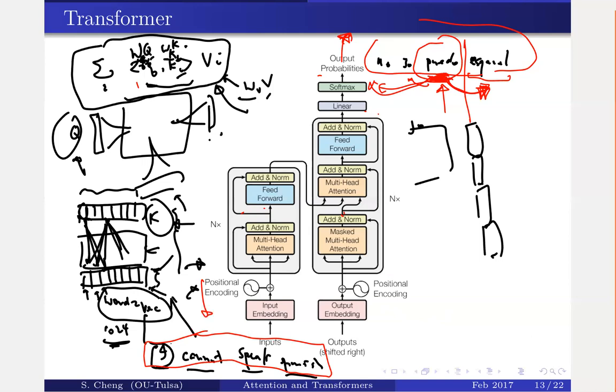We do a self-attention with itself, and then go through this encoder side here, and it will output the key and the value through here to the decoder side for each of the words. So I start with the first word here.